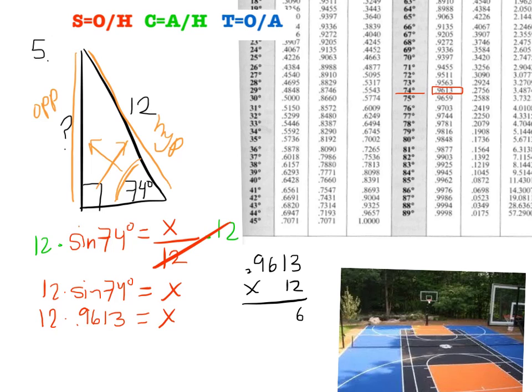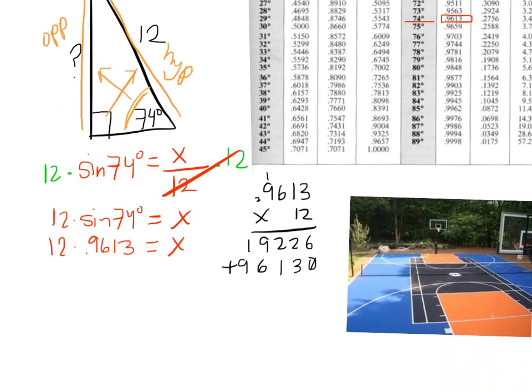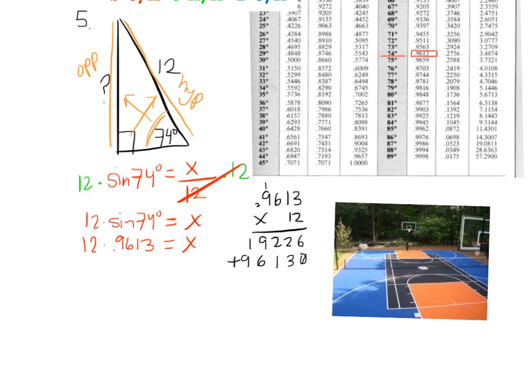I'm going to get 6, 2, 12, 19, bring down my 0, and then it's actually just going to come down exactly as it is, 3, 1, 6, and 9, because I'm multiplying by 1. When I add that together, I get 6, 5, 3, 15, and 11 with 4 decimal places.